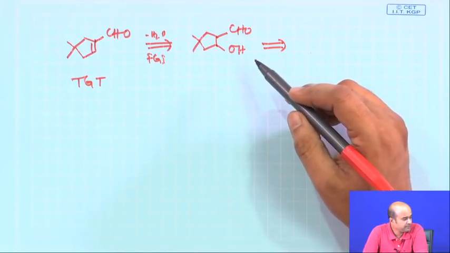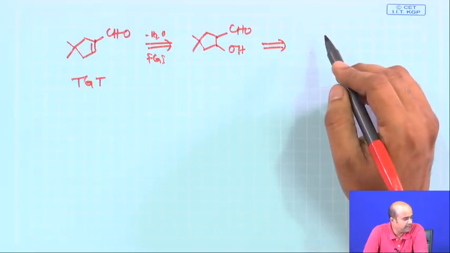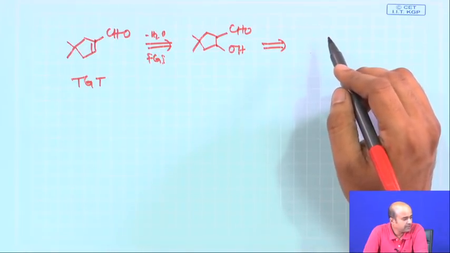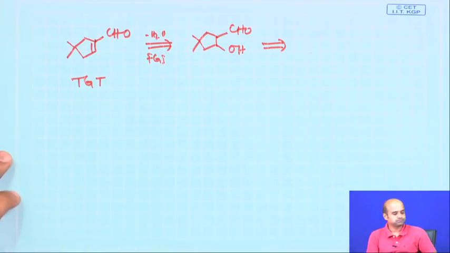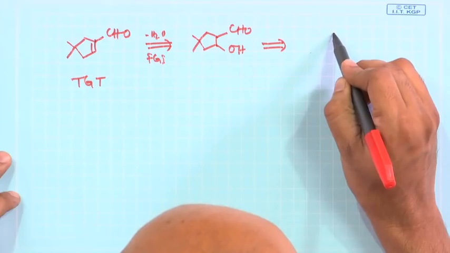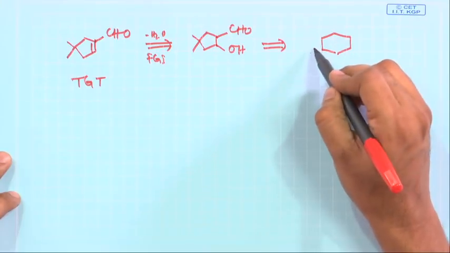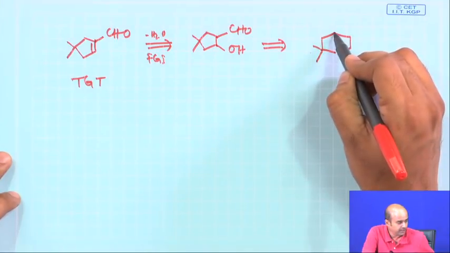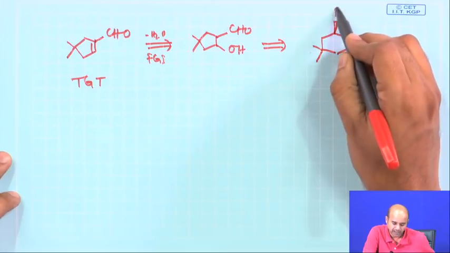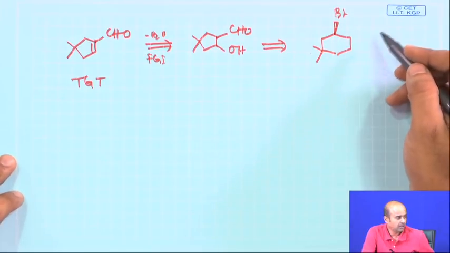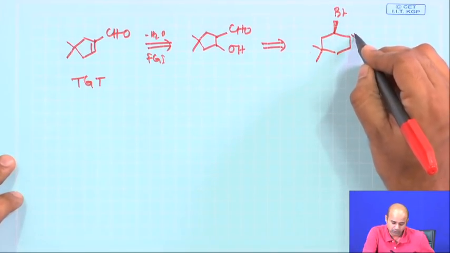And eventually, this hydroxyaldehyde you probably have to prepare in a different way, but the transformation which I am now going to talk to you about is a very unique transformation, and I am sure it is not known to many of you.